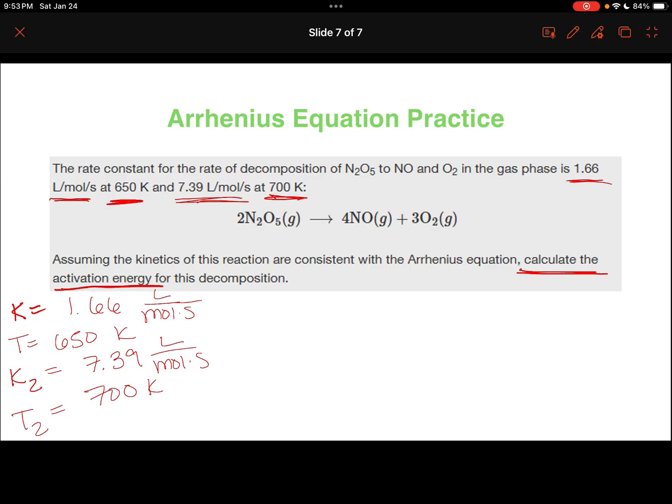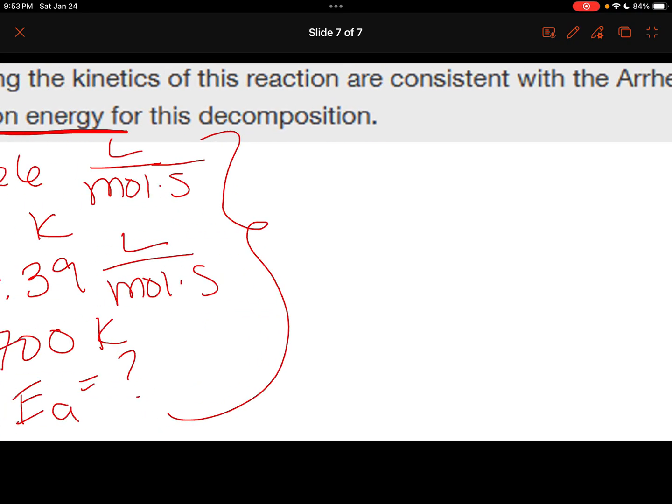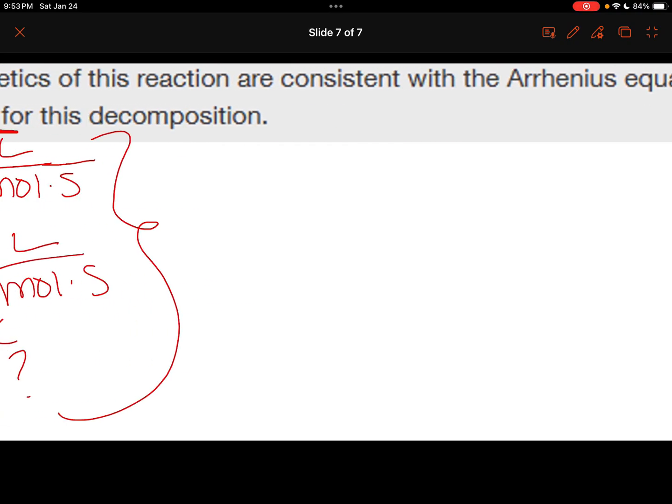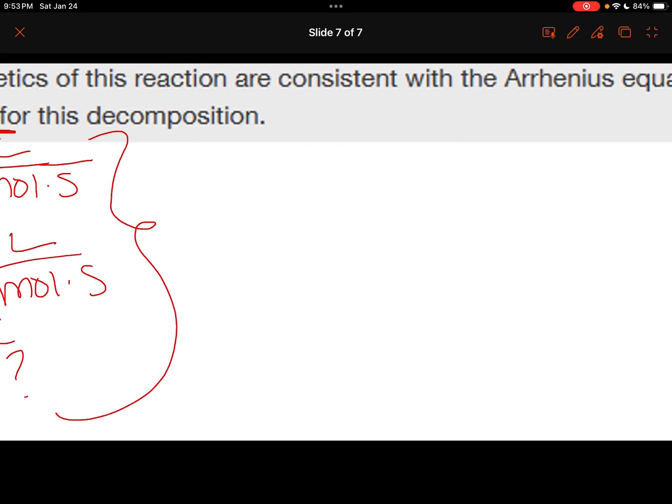All right, so Ea is unknown. Looking at this information that we have, we can tell that we need to use the 2-point version of the Arrhenius equation.